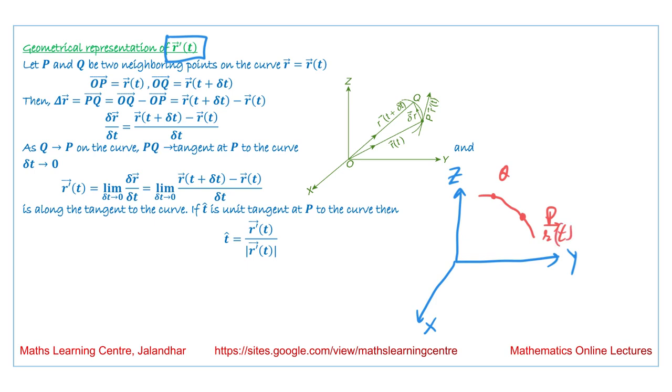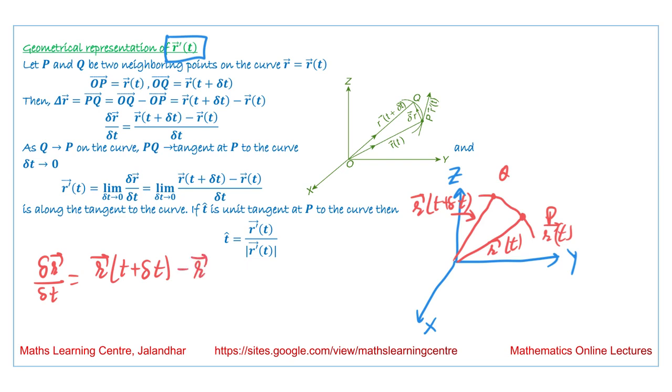Now, we have the position vector of these points P and Q. The position vector of P is r vector t, and the position vector of point Q is r vector t plus delta t. If we calculate the value of delta r vector by delta t, the answer is r vector of t plus delta t minus r vector of t, divided by delta t.